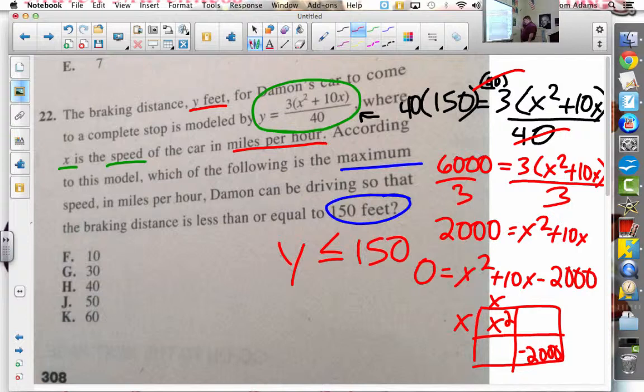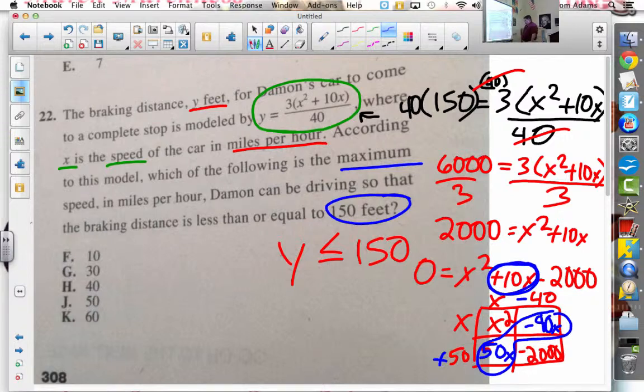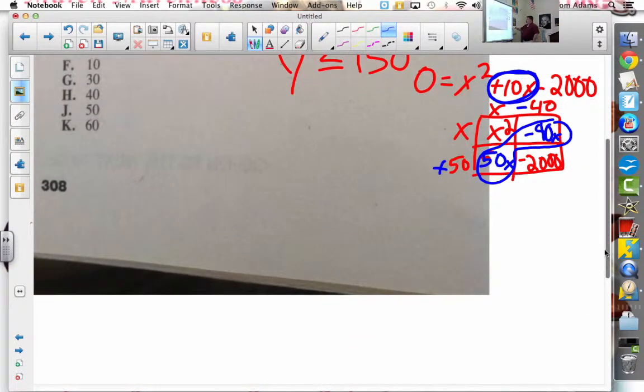I think it's 40 and 50, so I'd have a 40 here and a 50 here. Then I've got to determine which one needs to be negative. Since my middle term is positive 10, the 50 has to be positive and the 40 has to be negative. So this gives me a positive 50x minus 40x, and when you combine those, that gives me my 10x. And when you multiply negative 40 times positive 50, I get negative 2,000.